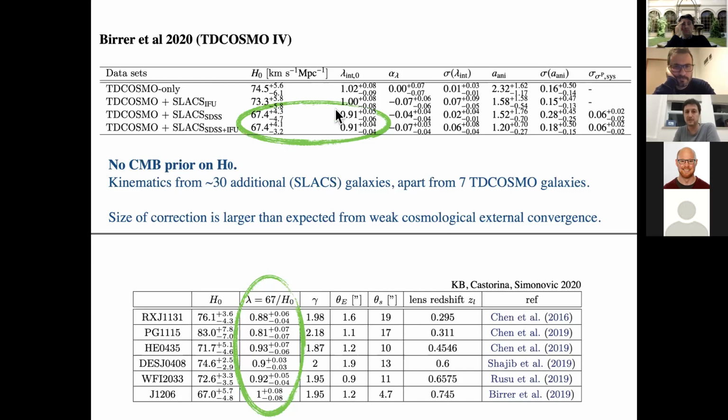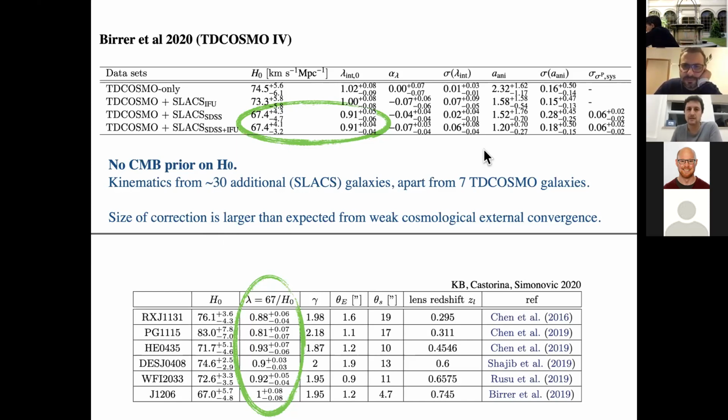And another point, this 0.9 effect. I don't think that's right, what you said. You can assume a Planck prior as a comparison point, but it doesn't change the TDCOSMO analysis because the TDCOSMO analysis doesn't assume an H naught. So what you're talking about is the comparison point to the SLACS TDCOSMO analysis.